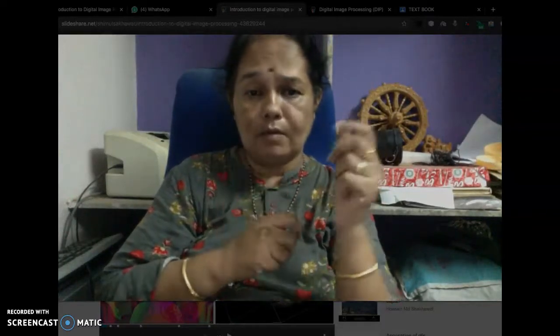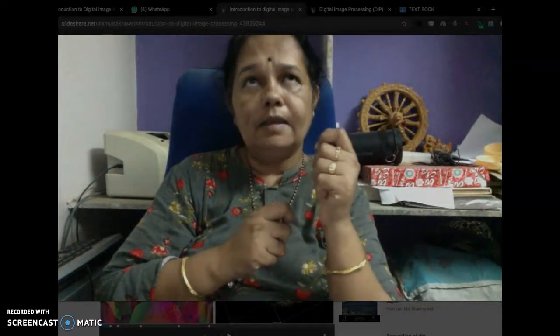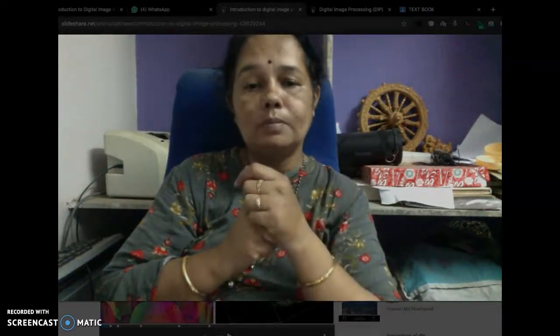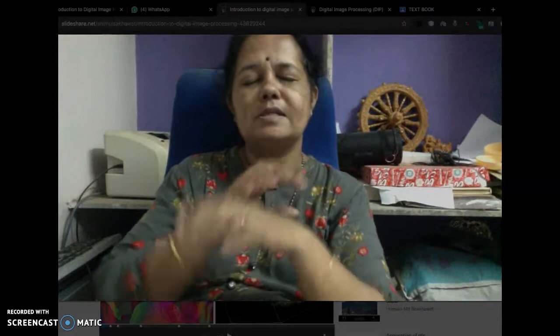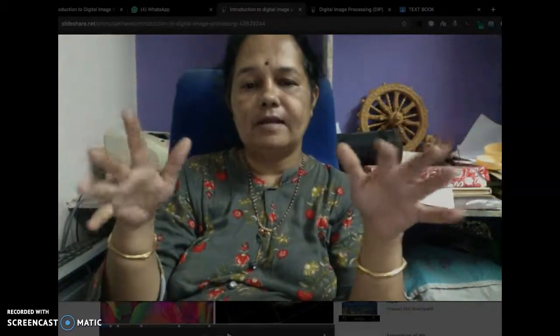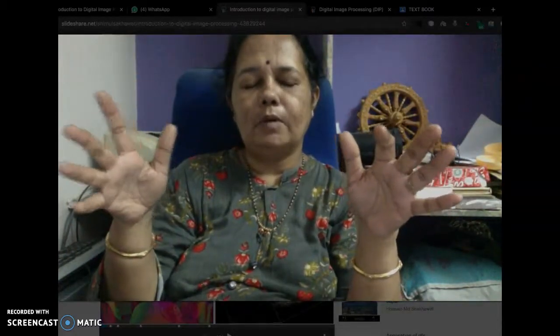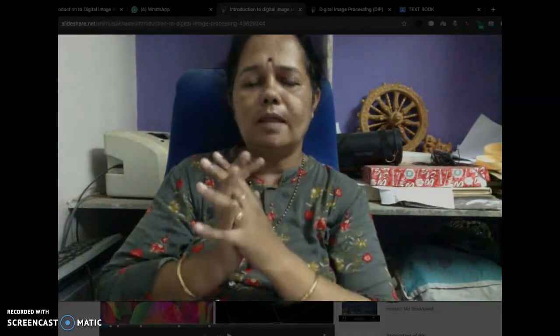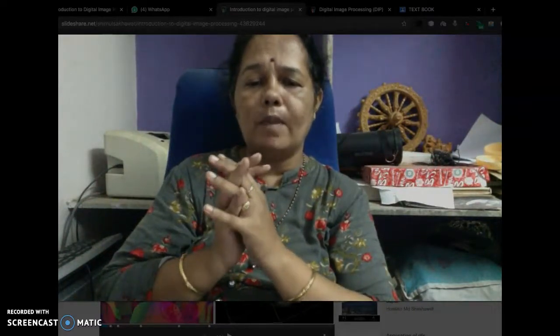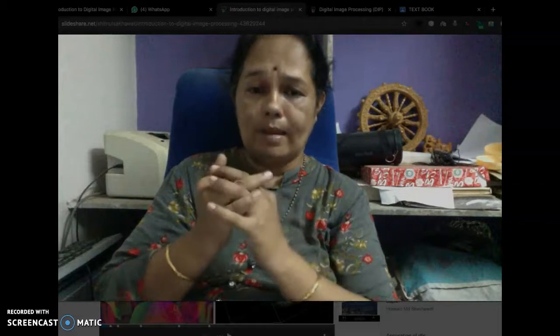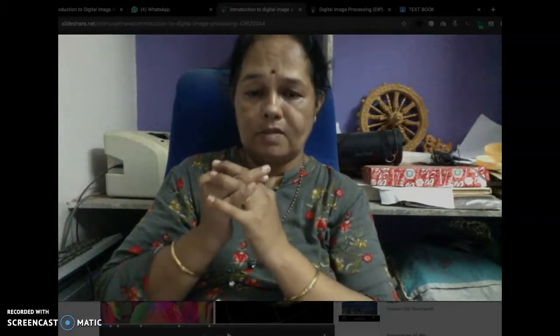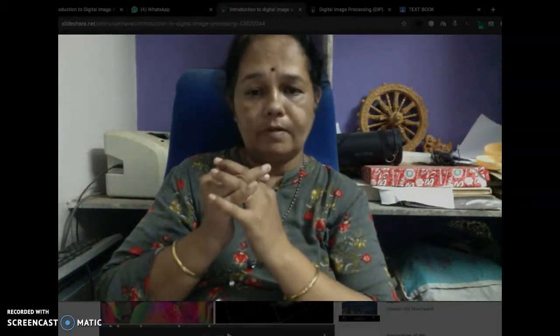One holding its tail felt that it is a rope. One who touched its body felt that it is a big mountain. They interpreted in a wrong manner in their own way, but the actual object was an elephant.